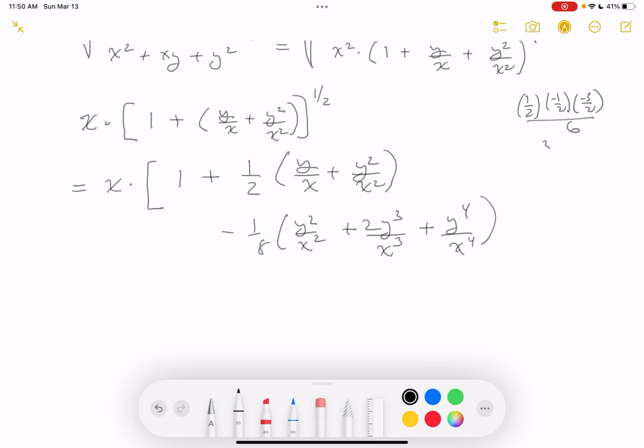Well, that's going to be 3. Let's see, 2 times 2 is 4, 8, 8 times 6. And that's going to be 3/16 now. I'm sorry, not 3/16. My mistake. 3 goes into 6 twice, 16.